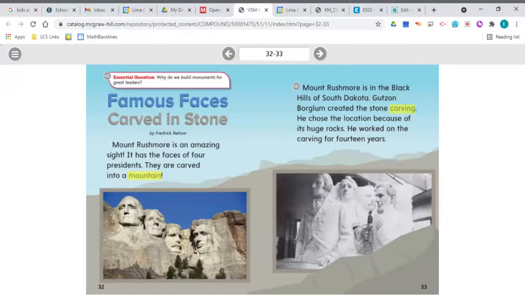And it gives you the details, like the 4 faces carved into a mountain. It's in the Black Hills of South Dakota. Gutzon Borglum was the one who created it, and he worked on it for 14 years. So Mount Rushmore is an amazing sight is your main idea, and all the other things that go with it will help provide your details.